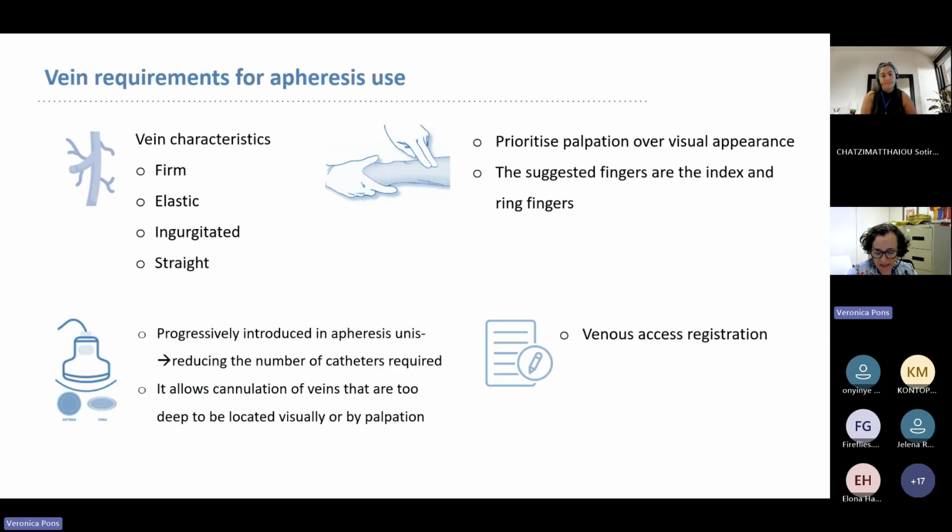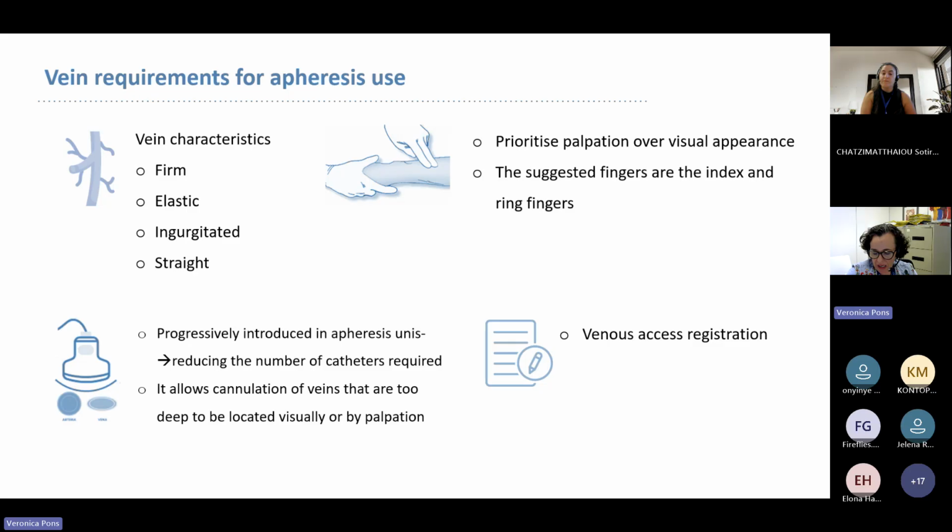I have to say that the real experts in this field are nurses, not doctors. But in general, we can say that we need a straight, firm vein, and we should prioritize palpation over visual appearance.